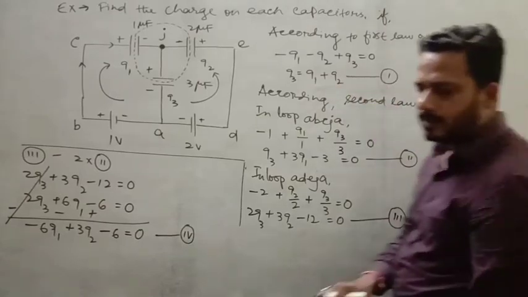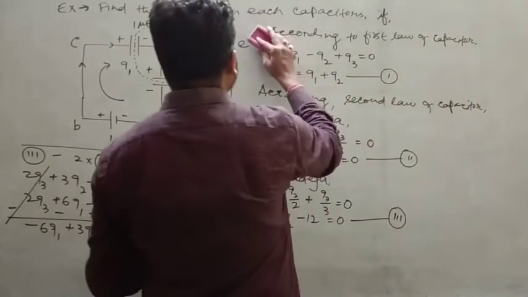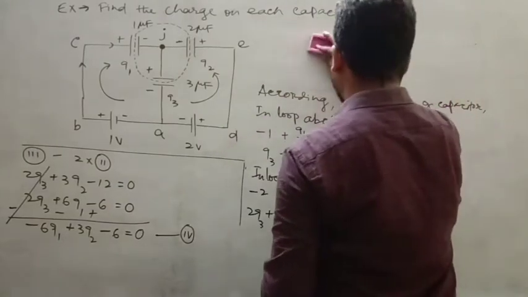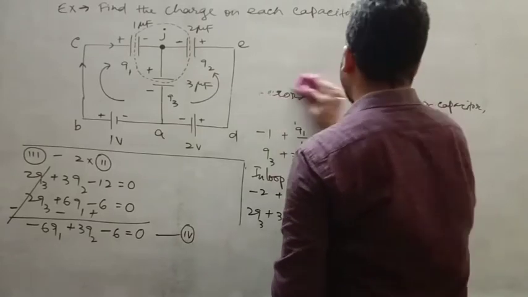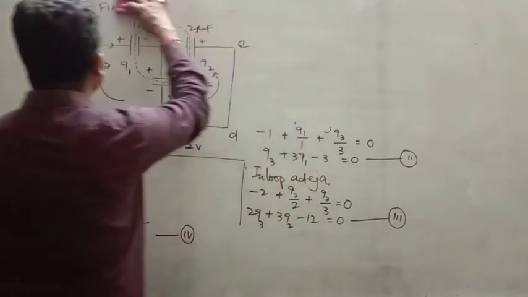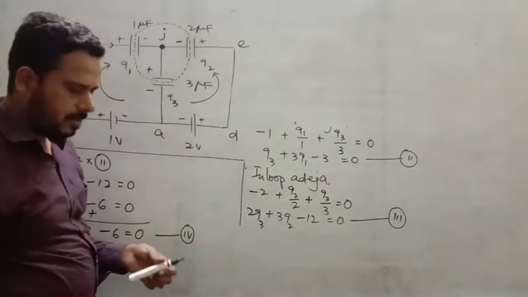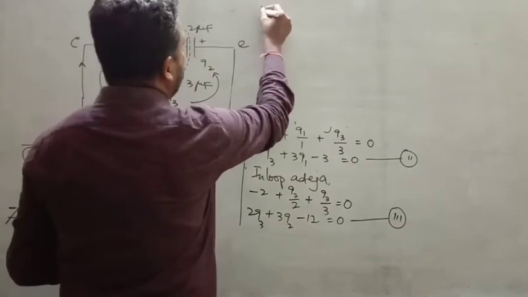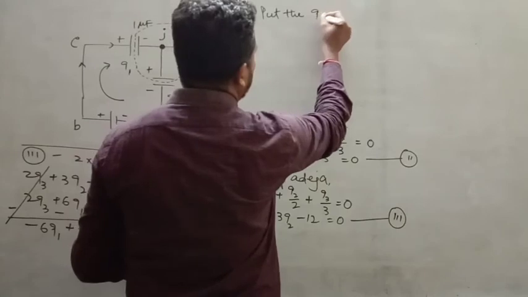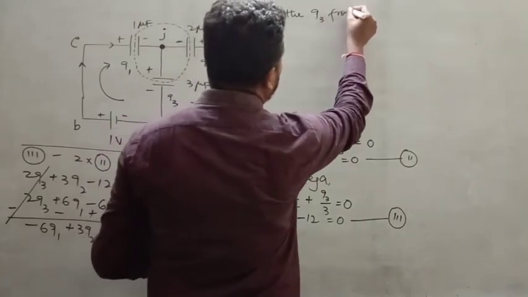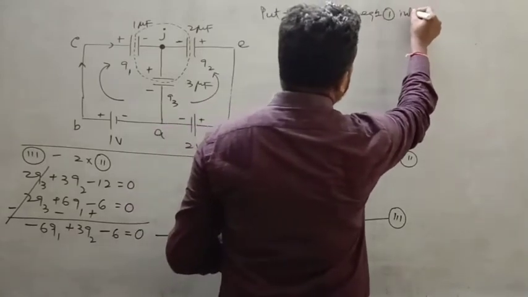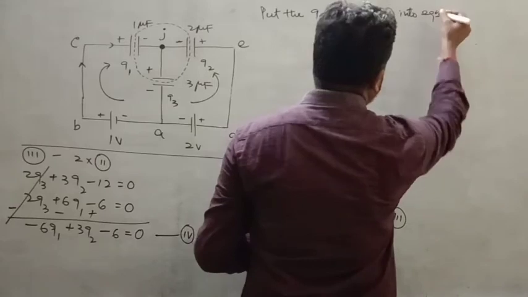So from here, just see, put the value of q3 from equation 1 into equation 2.